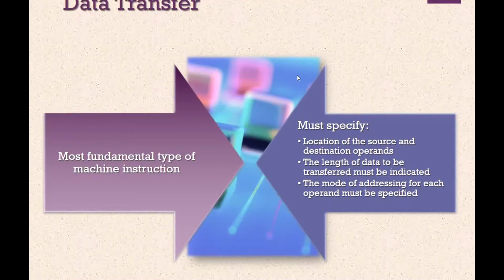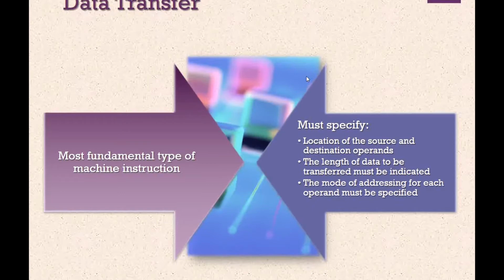So data transfer: the most fundamental type of machine instruction specifies the location of the source and destination operands. It means that you want to transfer data from a source to a destination. The length of data to be transferred must be indicated, so we also mention how much data we want to transfer.